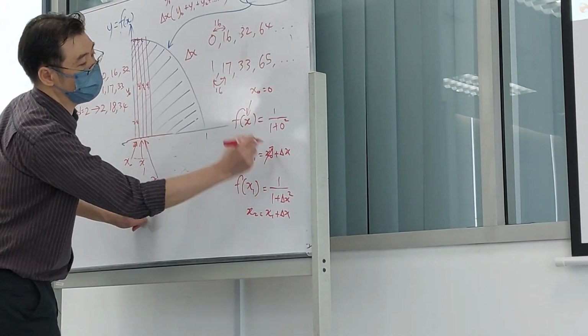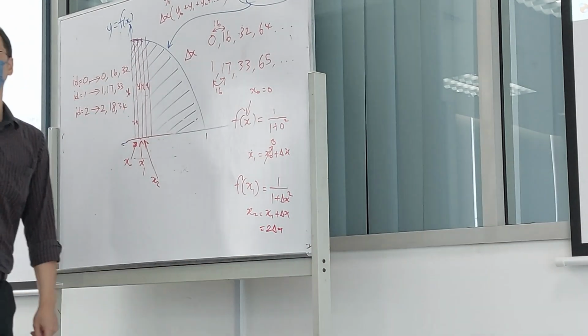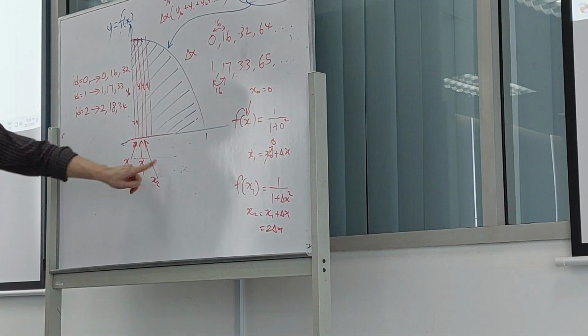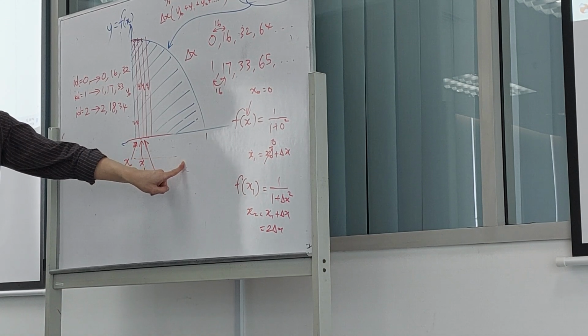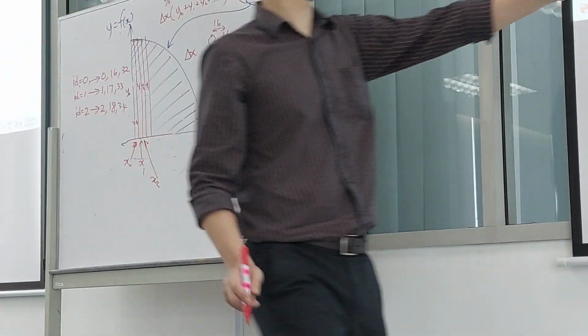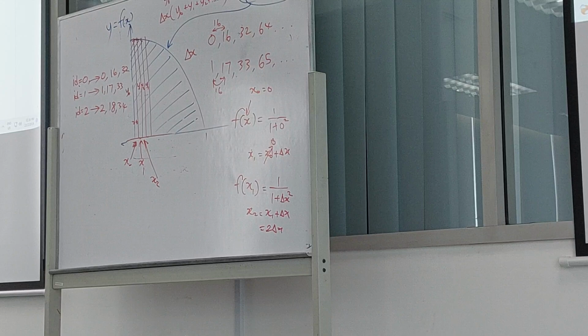This actually is 0 because we have that. So it's basically 2 delta x, isn't it? So you know, x3 is 3 delta x, x4 is 4 delta x. Is it correct? Yeah? Isn't that the same as this? 1, 2, 3 is this delta x. Yeah? Okay, so you got one.